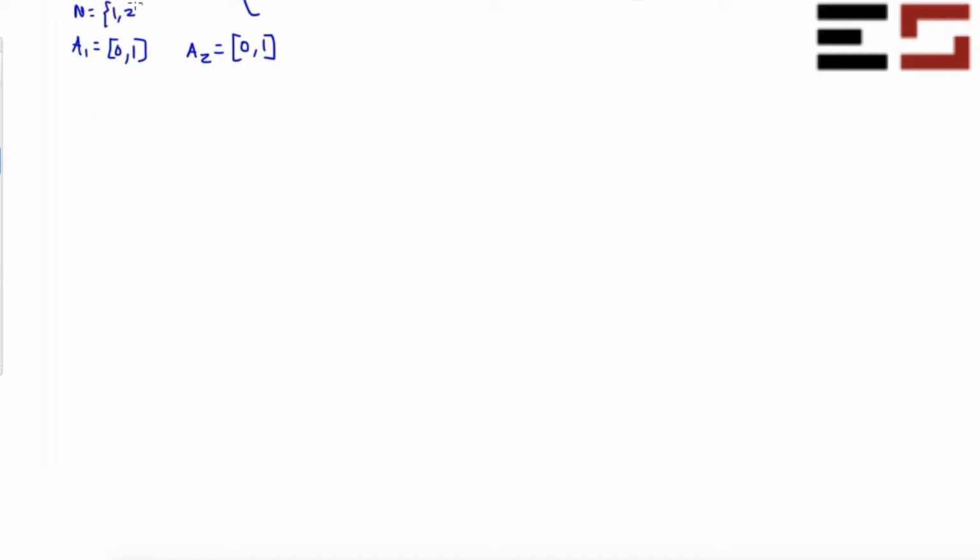Let's say the payoff of player one is given by this function: u1(a1, a2) is equal to the absolute value of a1 minus a2. Is that okay?